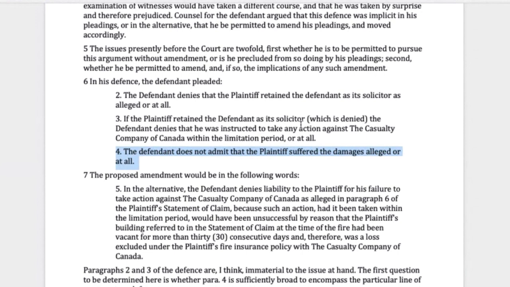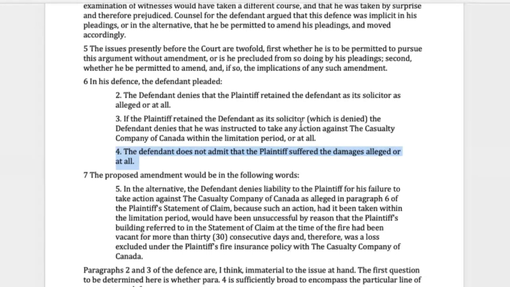And how did I tell the plaintiff? Well, I told the plaintiff right at paragraph 4 where I wrote that I don't admit that you suffered the damages, right? And Ross says this implicitly includes the idea that you did not suffer the damages because the building was vacant, and therefore you never would have got anything from the insurance company no matter what I'd done.